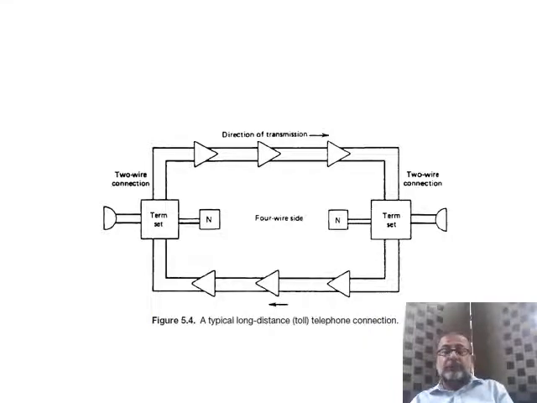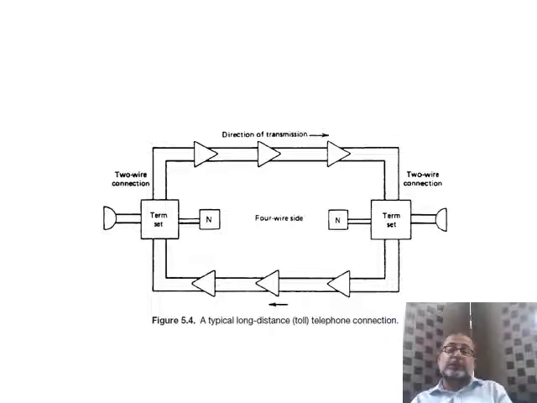And both of them are for reception and transmission separately. We have got another block N, which is connected with a pair of wires to the terminal set. What is this N? N is the balancing network. What is a balancing network? It is a network that is based on an RC circuit, a tunable RC circuit. Why do we need this tunable RC circuit?